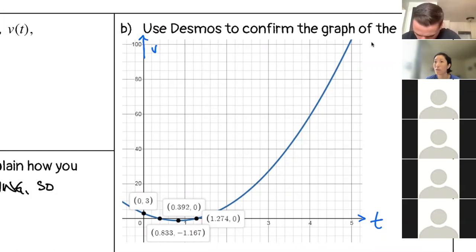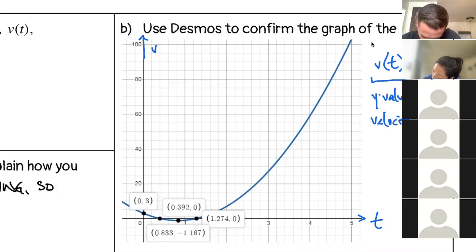So if I want the velocity to be 0, another way of saying this is y values on the velocity graph equal 0. Does that make sense? If we're saying I want to find the velocity when it's equal to 0, all we're looking for is the y values on the graph being equal to 0.